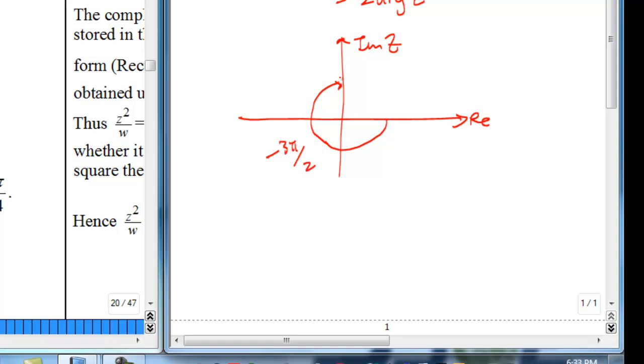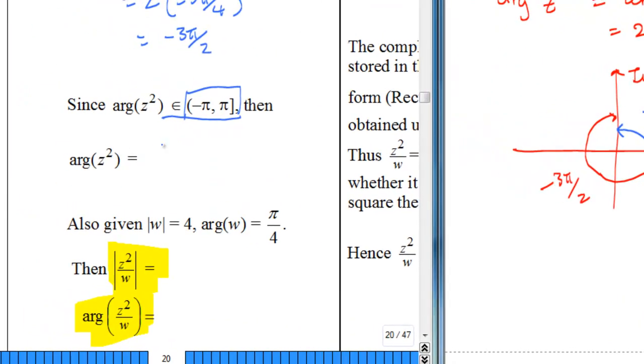In other words, z squared is somewhere on the positive imaginary axis. And this angle can be viewed as this one too, when we measure the argument in the anti-clockwise manner. And the argument will be pi over 2. So we know that the argument negative 3 pi over 2 is the same as the argument pi over 2. So the argument of z squared is actually pi over 2.